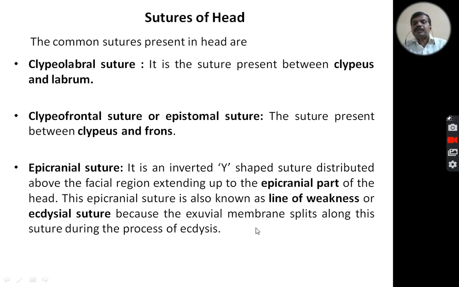During insect metamorphosis, they shed the external outer layer; the outer covering is shed off. That's why it is called the ecdysial suture: the outermost exuvial membrane splits along this suture during ecdysis. That is the reason why this suture is called the ecdysial suture.